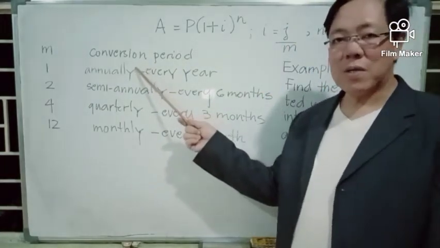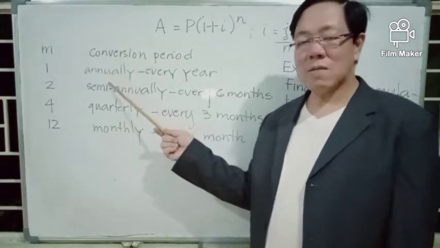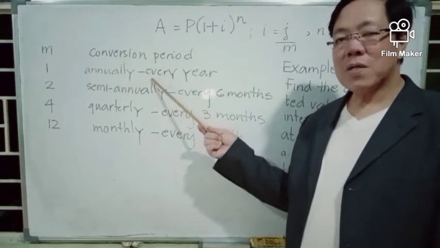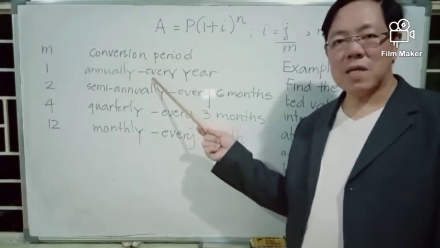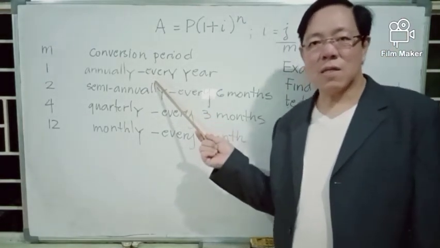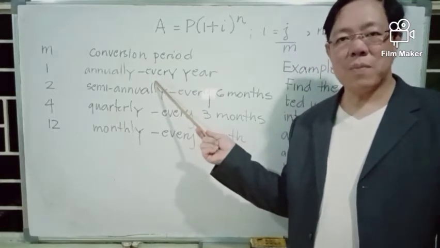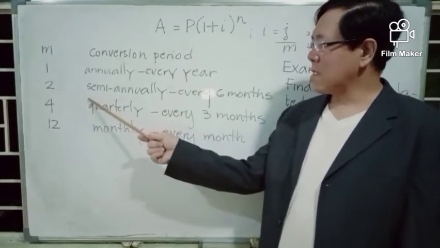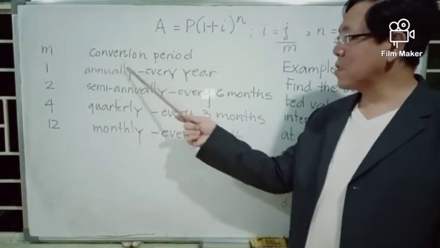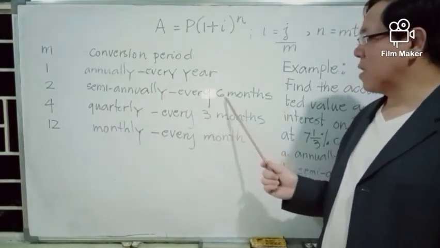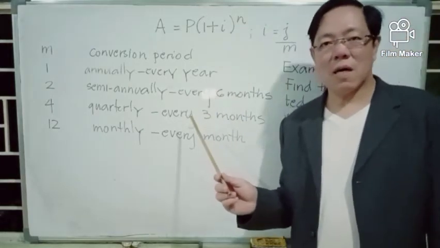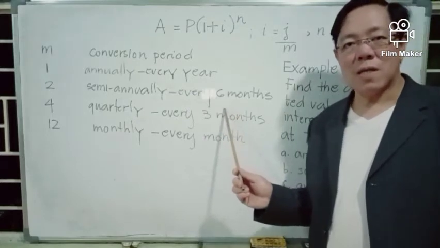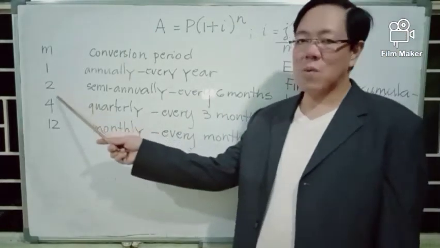Now, conversion period. If the compound interest rate is compounded annually, that means the conversion period is every year. That is, the interest will be computed after 1 year. If it is compounded semi-annually, the conversion period is every 6 months. That would be 2 times in 1 year.